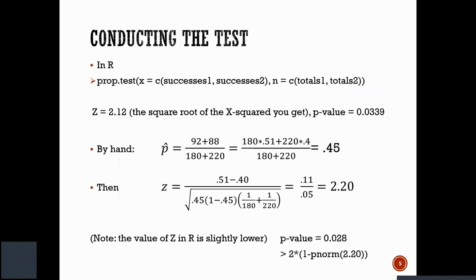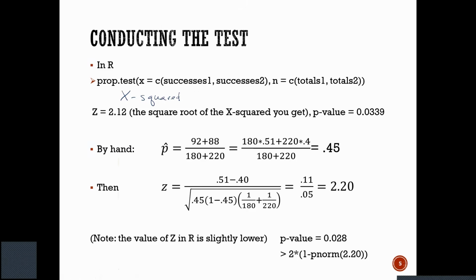So in R, this is actually pretty easy because there's this thing called prop.test. And so what you do need for that is you need to know how many successes in each group. So you need that x1 and x2. Okay, so then you say prop.test, x is a vector of the success numbers in each group, and n is a vector of the totals in each group. And you just run that, and it will give you a z-score. It actually gives you a chi-squared, and the chi-squared looks like that in the output.